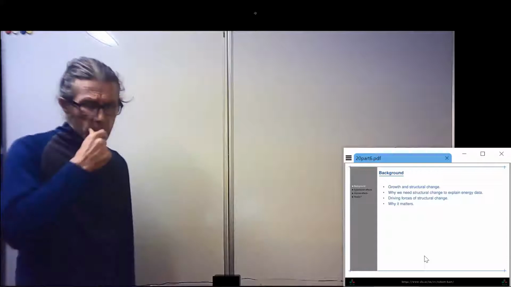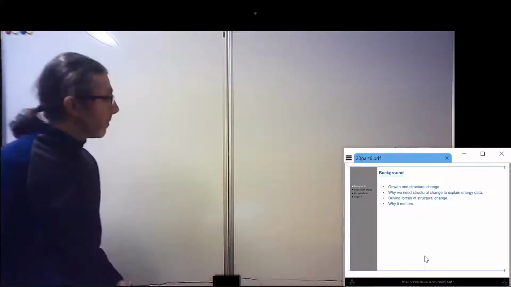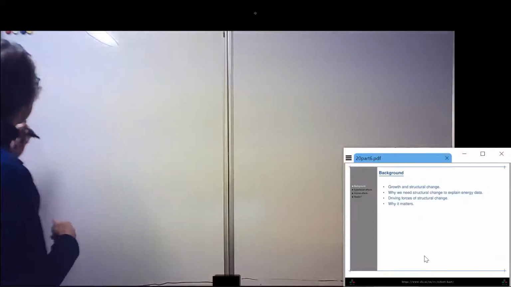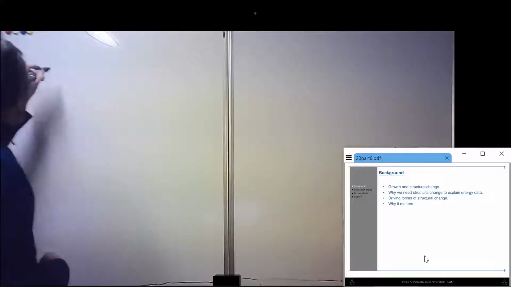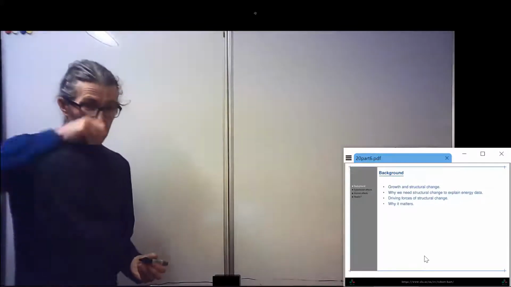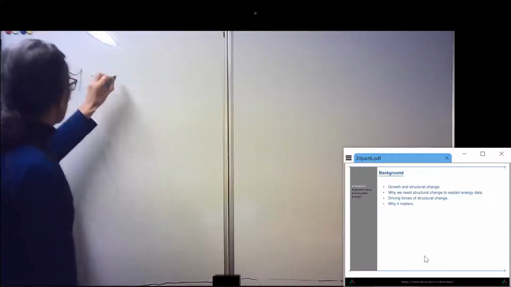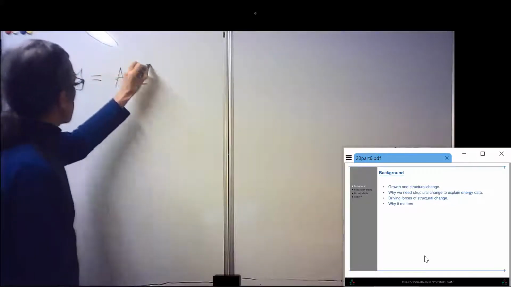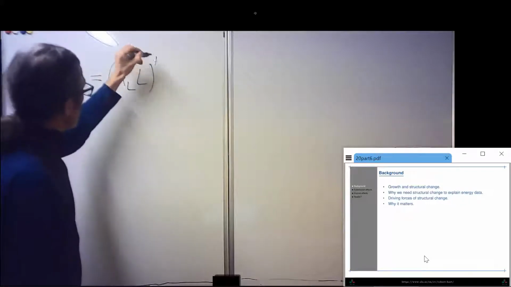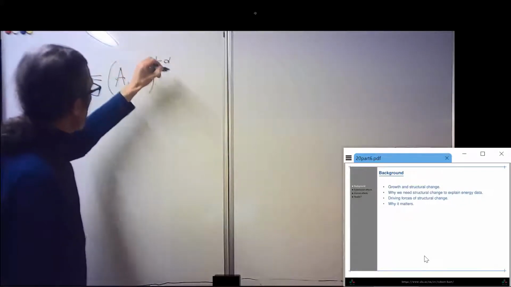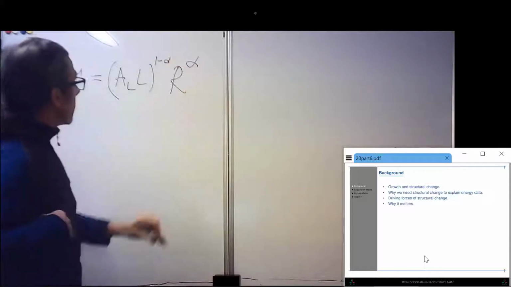And remember, we talked about the Solow three mechanisms. Let's have a little revision on Solow's three mechanisms. If we go with Cobb-Douglas and skip capital, we have something like this, don't we?